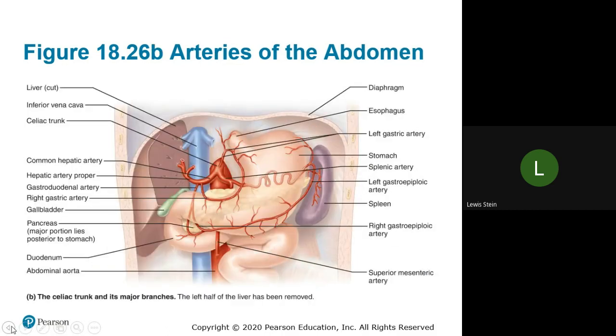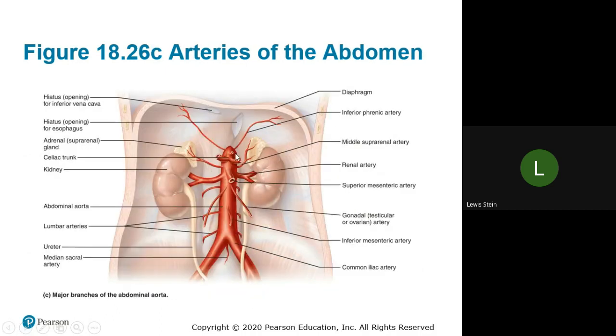So I use this one, and I use this one. Here's the celiac trunk. Most of it's cut away. So what are the paired vessels? First, we see the inferior phrenic arteries. Phrenic, the PHR tells you where it goes: diaphragm, PHR. So they're phrenic arteries.